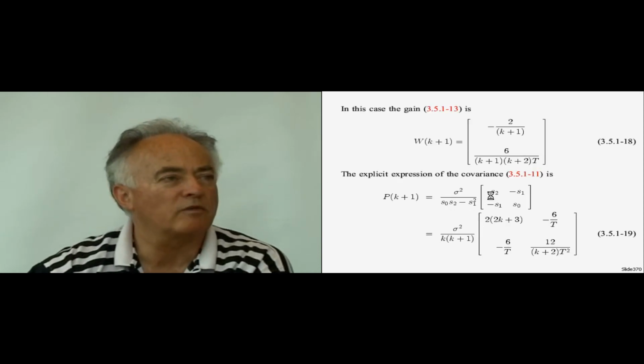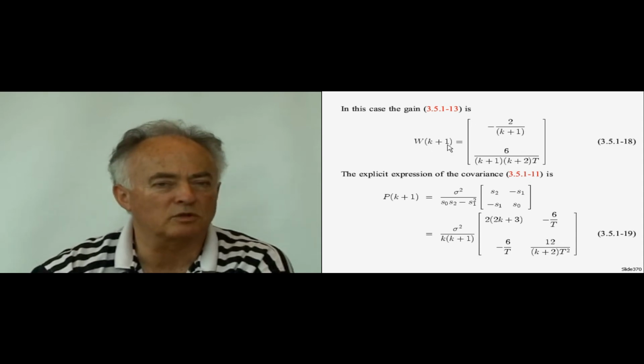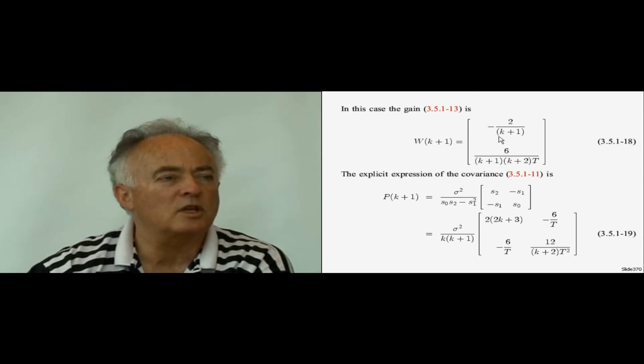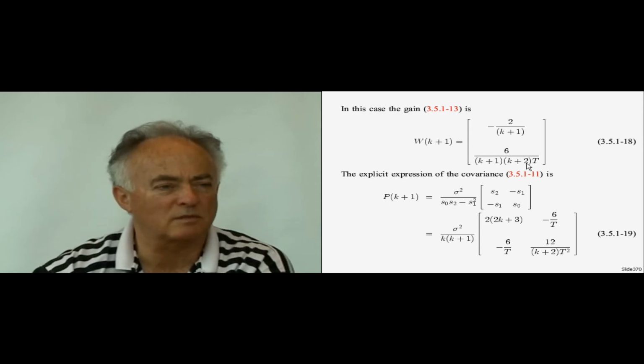And we have now explicit expressions of the gain for the k plus first measurement, or at time k plus 1. And you can see here that the position gain goes down roughly as 1 over k. The velocity component of the parameter will have a gain going down approximately as 1 over k squared.